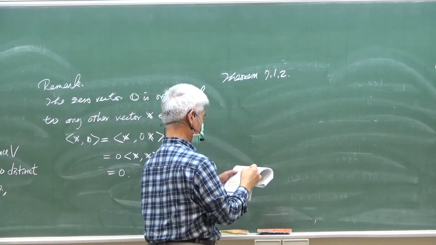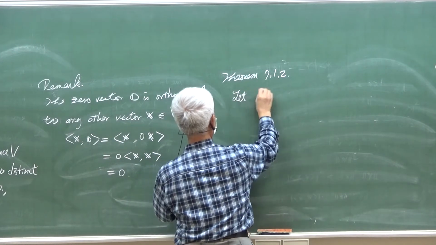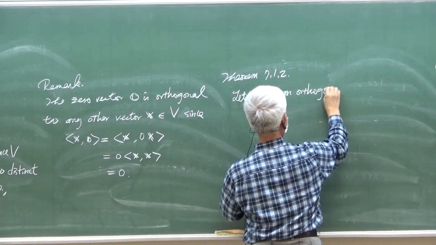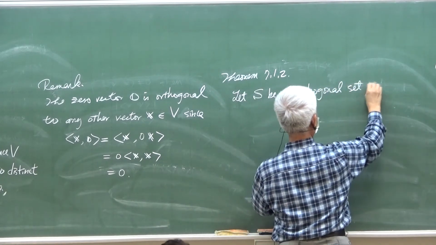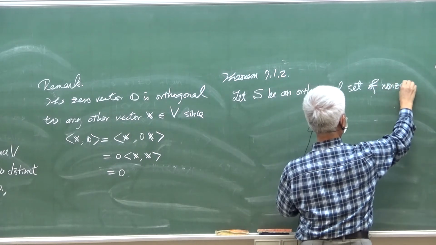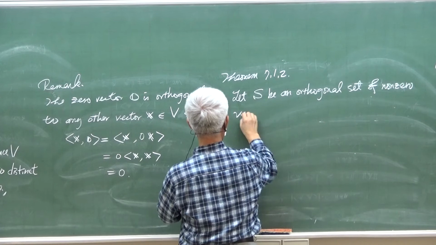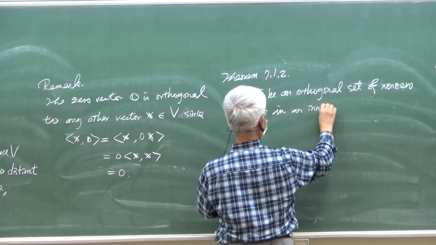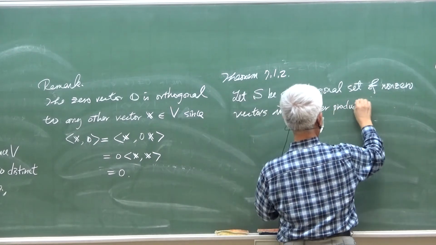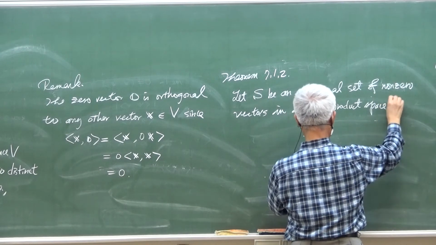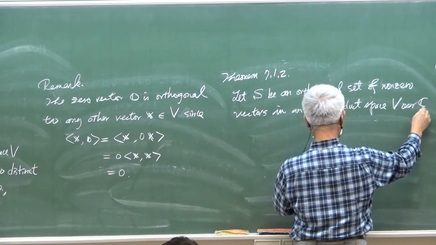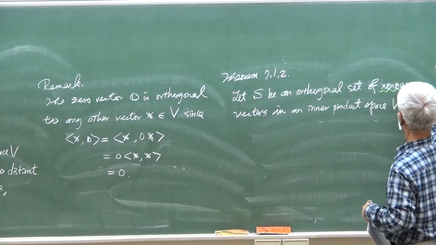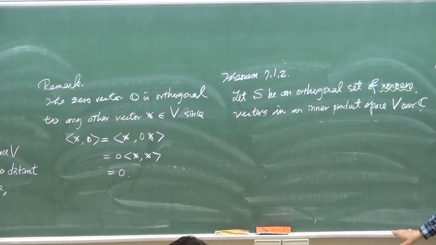So when we state: let S be an orthogonal set of non-zero vectors in an inner product space over C, it's important that we are considering an orthogonal set of non-zero vectors.